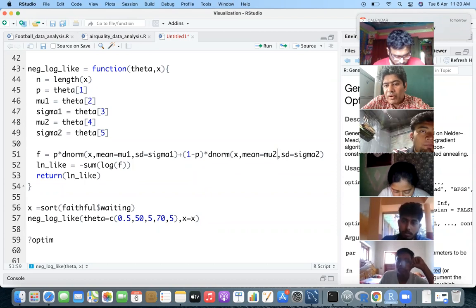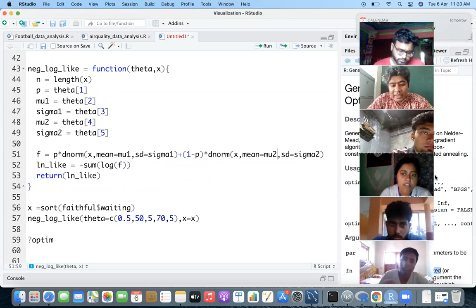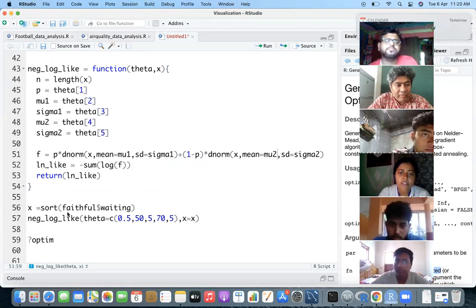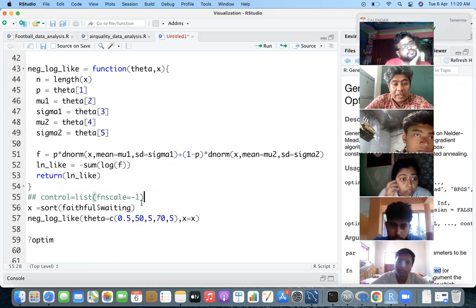If you're happy with that, you can set control fnscale -1 and make it a maximization problem instead of solving the minimization problem. You can do that, anything is fine.